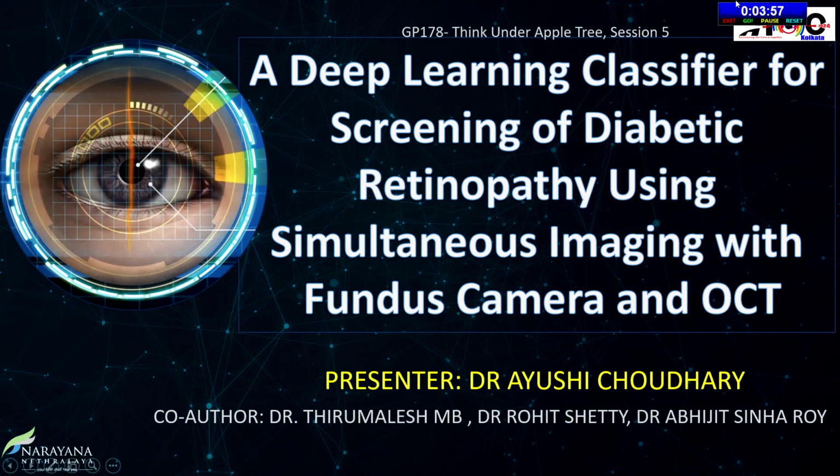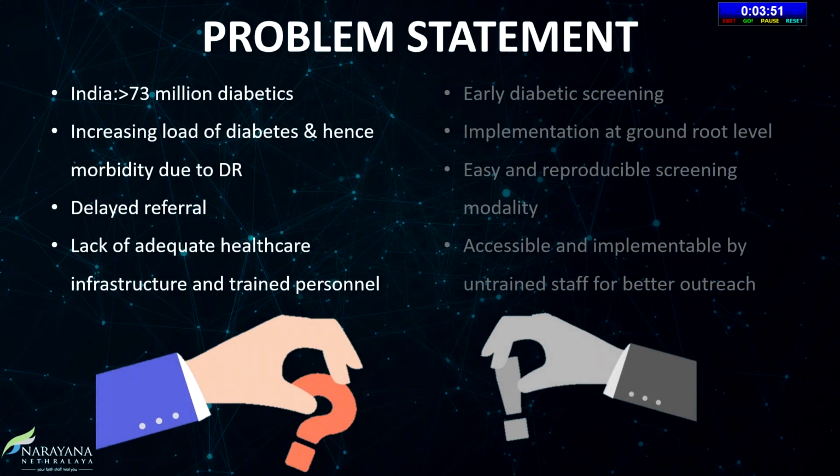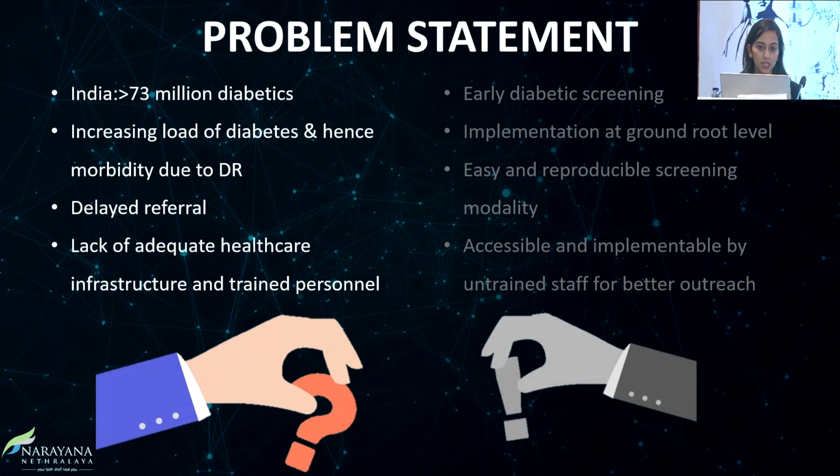Good afternoon, everybody. I'm going to be presenting a deep learning classifier for screening of diabetic retinopathy. The problem that we are trying to address is the increasing load of diabetes and hence the need for diabetic screening. In India alone, there are more than 73 million people who are diabetic. It is said that every third diabetic has diabetic retinopathy, and every tenth has vision-threatening diabetic retinopathy.